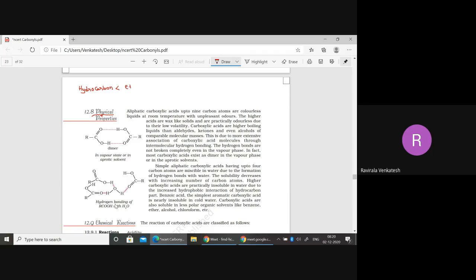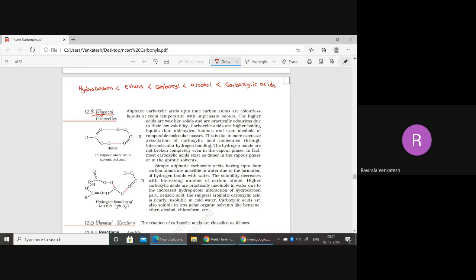Ethers are having lower boiling point than carbonyls. Carbonyls are having lower boiling point than alcohols. And alcohols are having lower boiling point than carboxylic acids. This is the order actually.